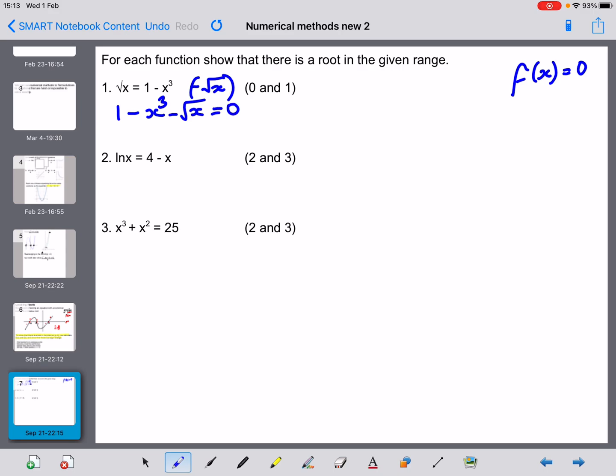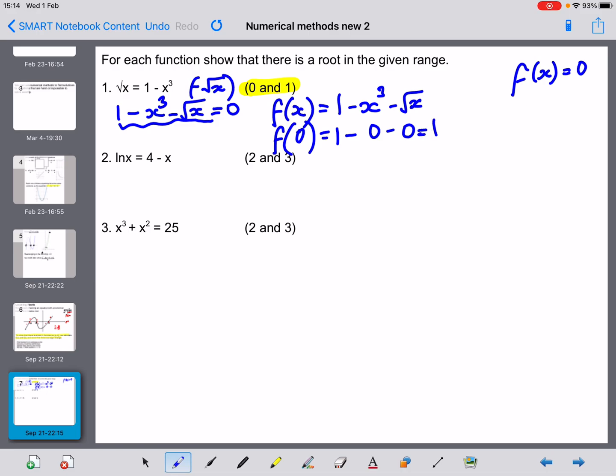So this is my f of x, so I've now got f of x equals 1 minus x cubed minus root x. Now it's saying, show that there's a root in the given range. So I want to show that there's a root in the interval 0, 1. So I'm going to do f of 0 first. If I do f of 0, I will get 1 minus 0 minus 0, which is 1.